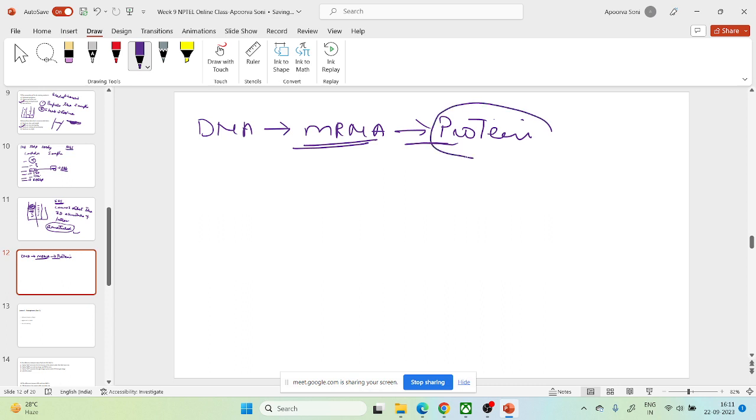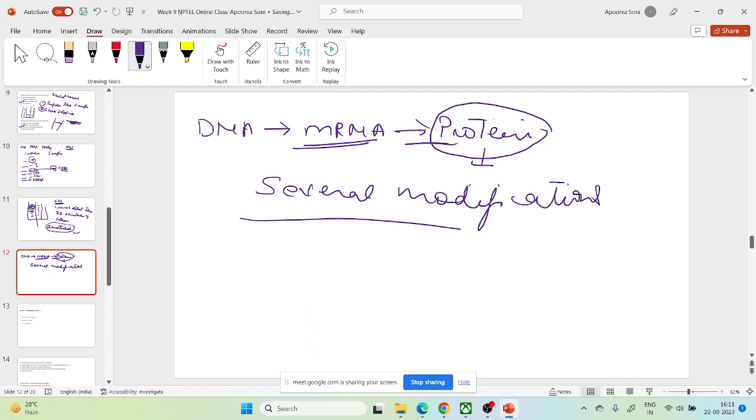Now whatever protein is made, it's not the end of it. Why? Because we have already discussed that this protein has to undergo several modifications. You not only have to synthesize proteins, you also have to fold them into proper conformation.